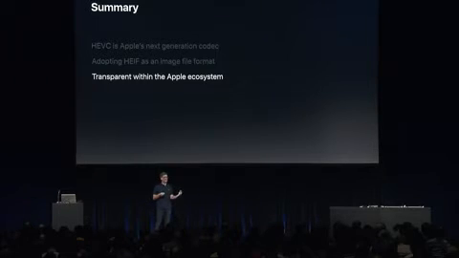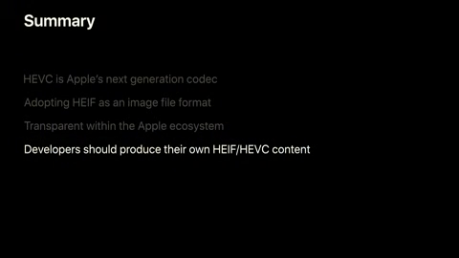If you're using Apple frameworks within the Apple ecosystem, the transition to HEIF and HEVC should be mostly transparent. But if you need to move that content outside of that ecosystem, you should consider your transcoding options to provide the best backwards compatibility for our users. And finally, we really want developers to embrace HEIF and HEVC for creation and access workflows, as we believe this will provide great benefits to not only developers, but all of our customers.